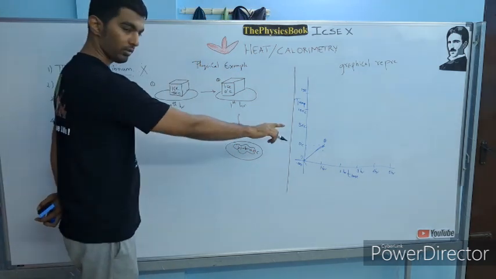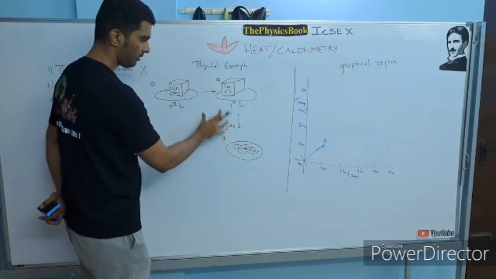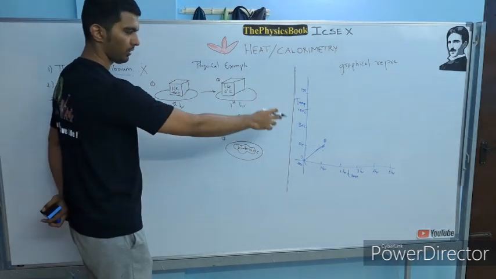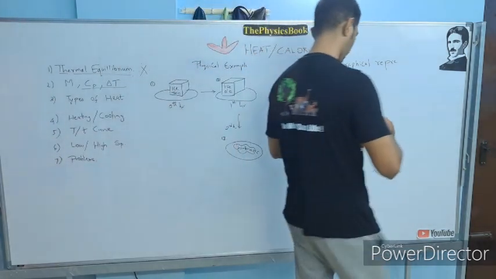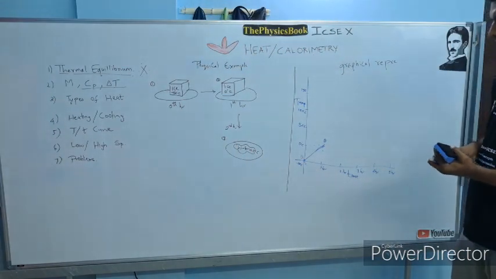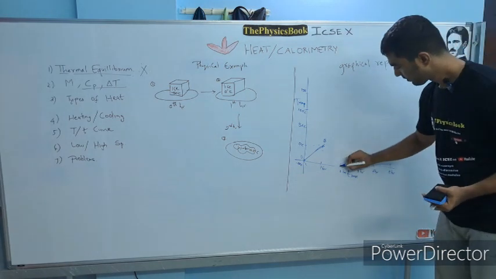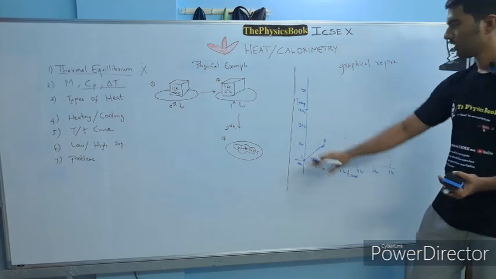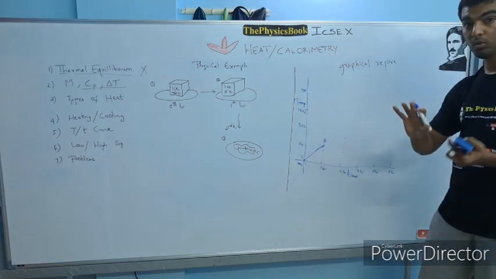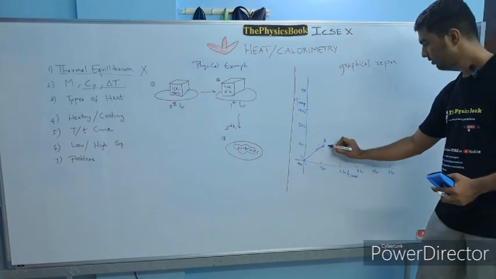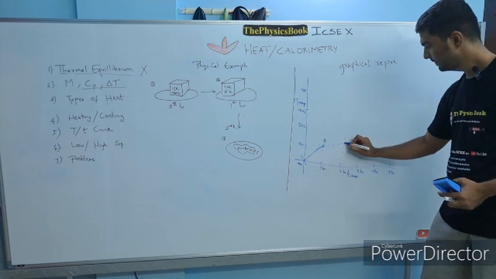And the key point here might be very simple for you, but if you go to the diagram in graphical representation, you will note the key difference of what is happening here. I am extrapolating this point. And now if you see, this is ice at 0 degrees Celsius, this is water at 0 degrees Celsius. So there is no change in temperature. So temperature is going to be the same.